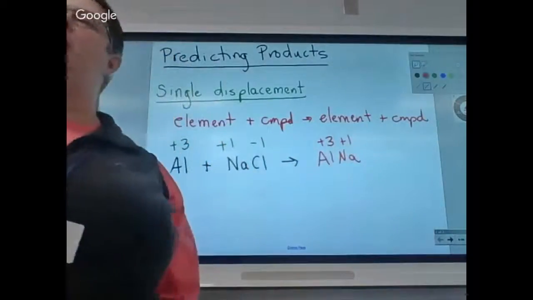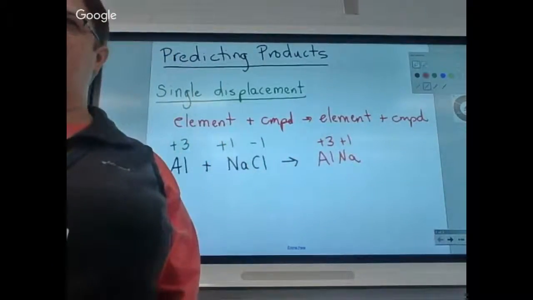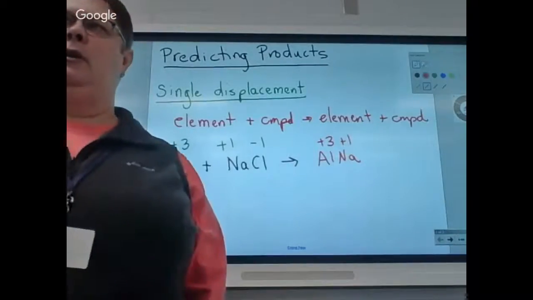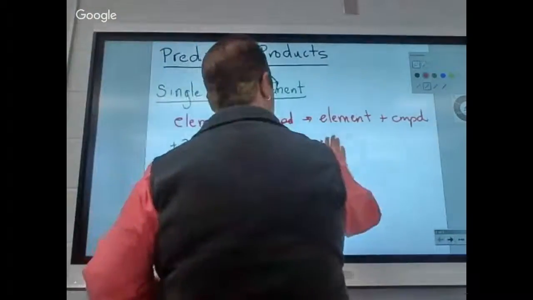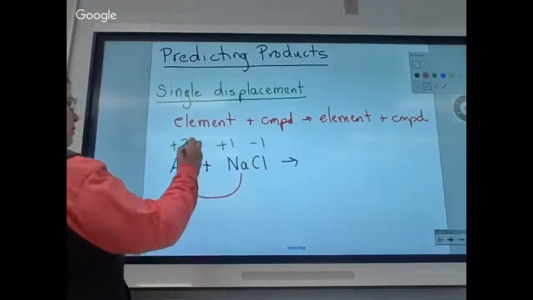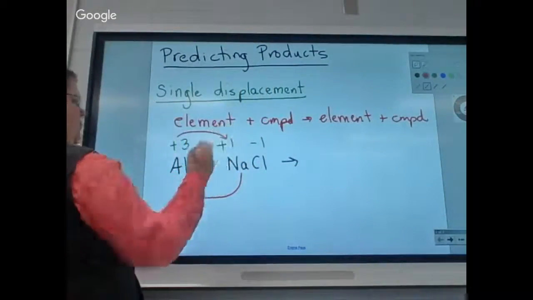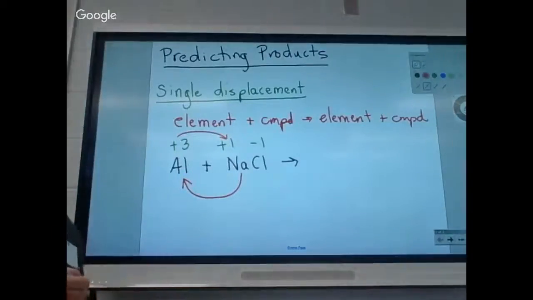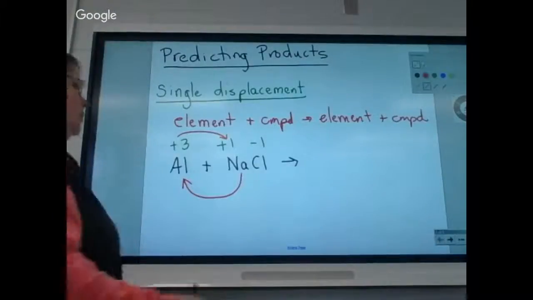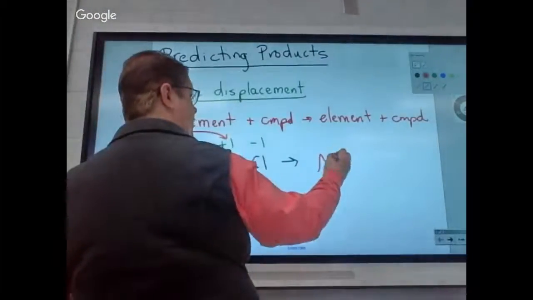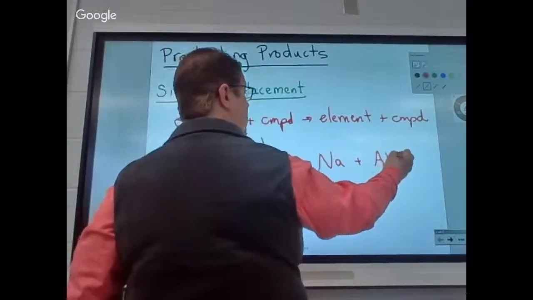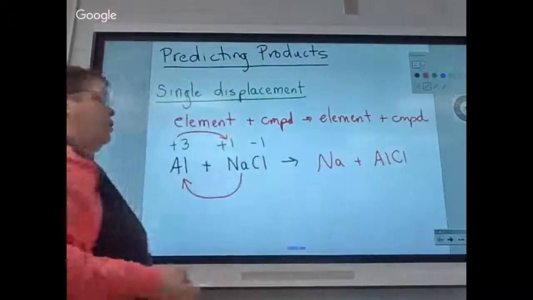When I write a formula, can I have 2 positive oxidation numbers together? No. I have to have a positive with a negative. So the idea is for Na to come over here and Al to go over there. They're switching places. So Na is coming over here where Al was, and Al is going over there where Na used to be.